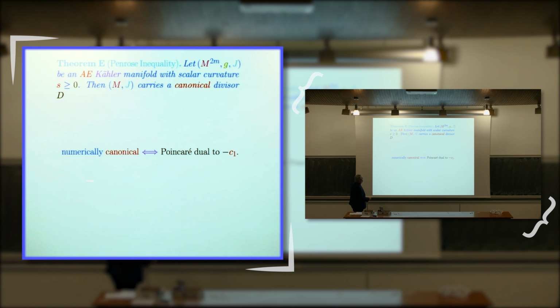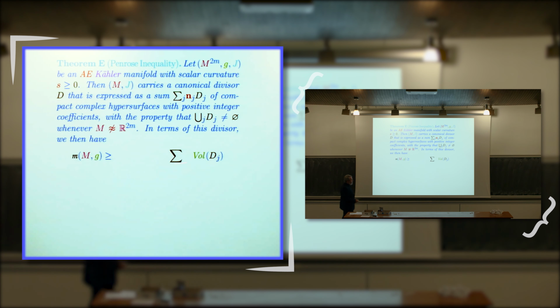It's a Penrose-type inequality, and it says the following. If you have an asymptotically Euclidean Kähler manifold, let's suppose it has scalar curvature greater than or equal to 0, then there is a canonical divisor D, and it's actually numerically canonical in general, but it's Poincaré dual to minus C1.